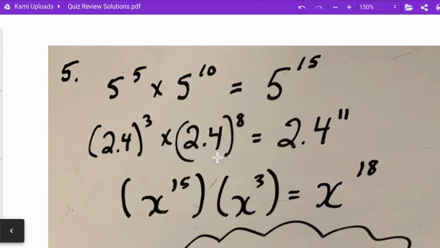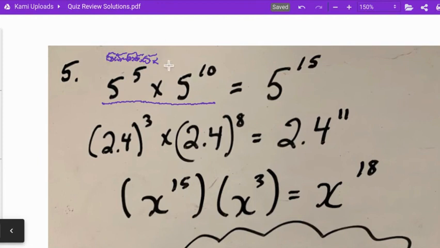So for the next couple of questions, we're applying that thinking to express each of these as a single power. So we're given this, and in our mind, we visualize 5 5's here, and 10 5's here, all being multiplied together, just like in our previous one.